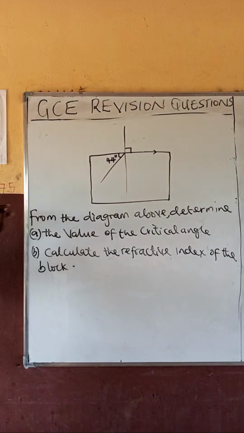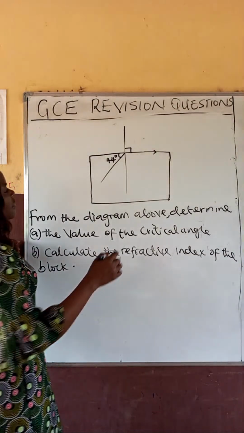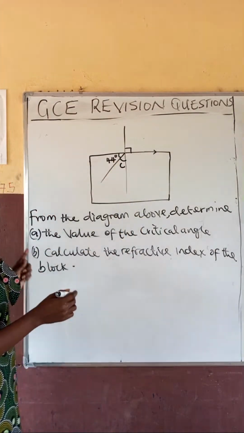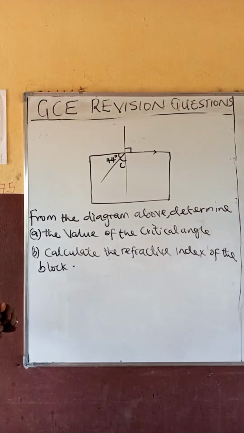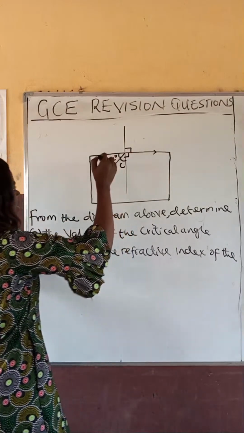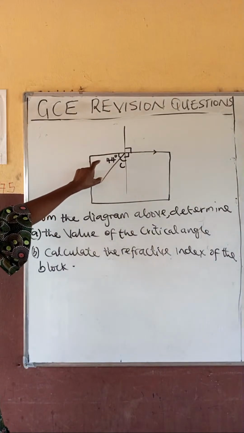In this diagram above, we are asked to calculate the value of the critical angle and the refractive index of the block. Now, for us to solve for the critical angle, we can call this C. Okay? Now, how do we get the critical angle? We can get it because this is already a right angle, so this equals 90 degrees.